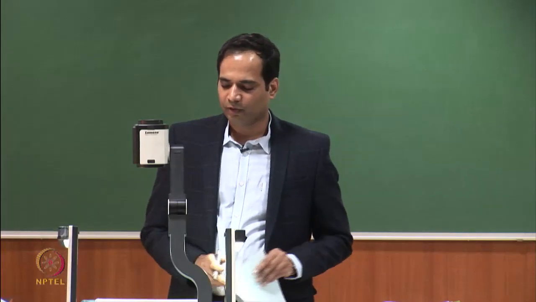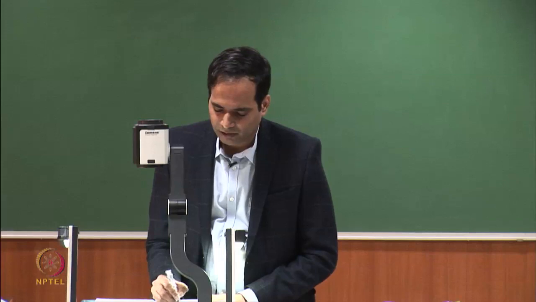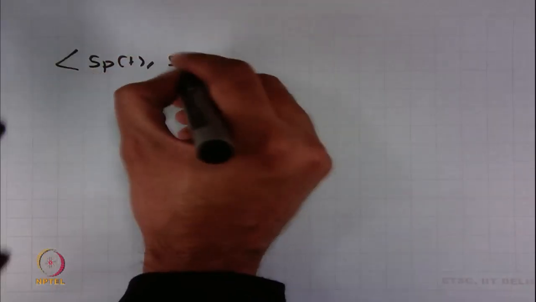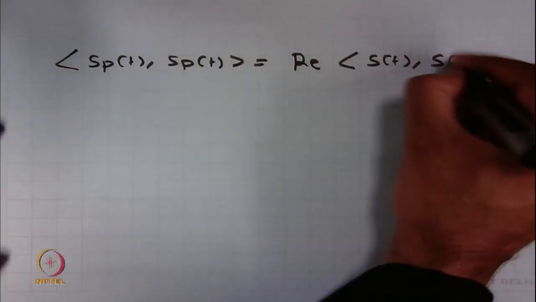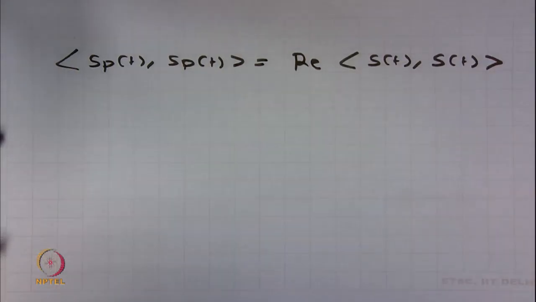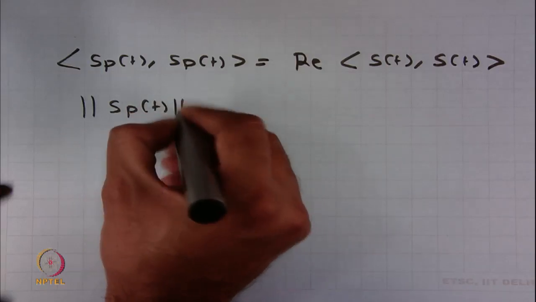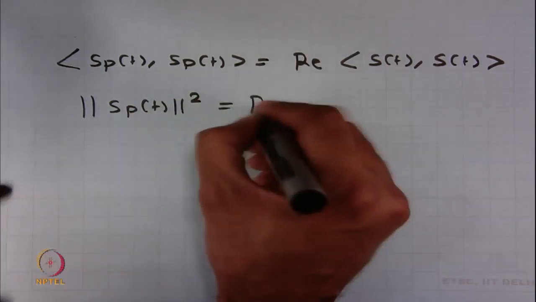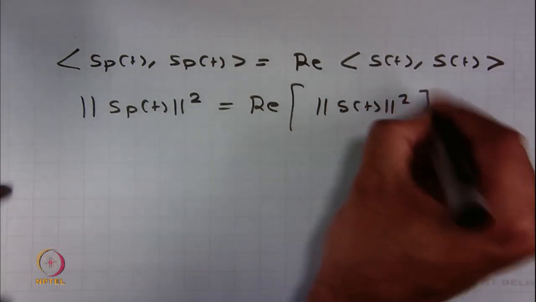Yes, we can relate, because we have already seen that the inner product of s_p(t) with s_p(t) is nothing but the real part of the inner product of s(t) with s(t), from the previous relationship. And this quantity is nothing but the norm of s_p(t) squared, which is the real part of the norm of s(t) whole squared.